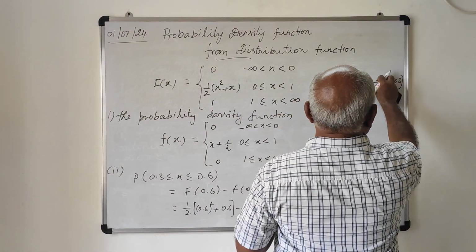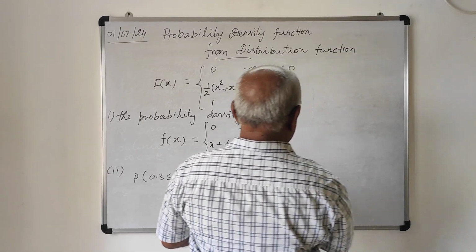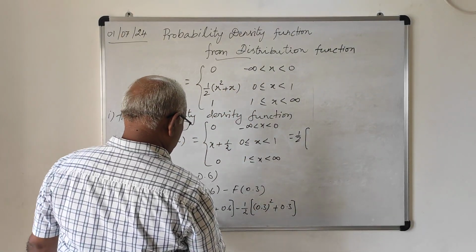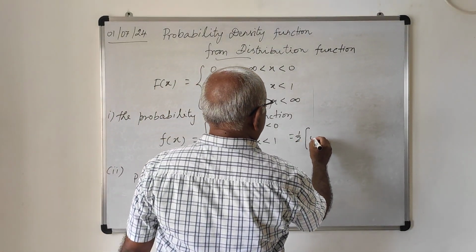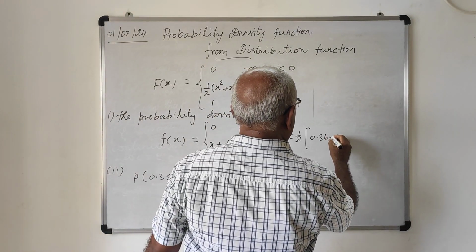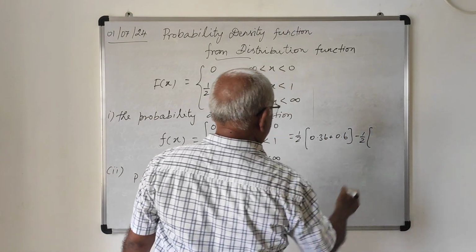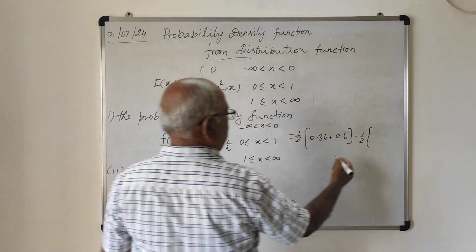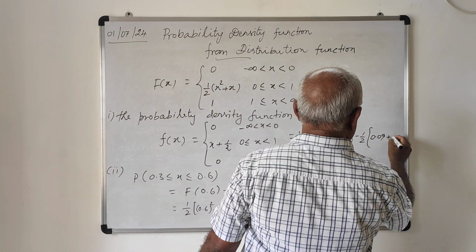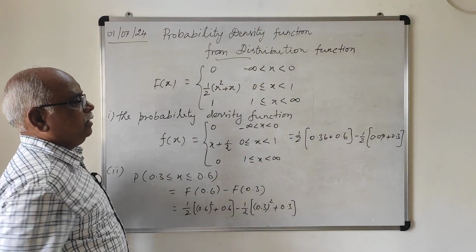So this is 1 by 2 into 0.6 whole square, which is 0.36, plus 0.6, minus 1 by 2 into 0.3 square, which is 0.09, plus 0.3.